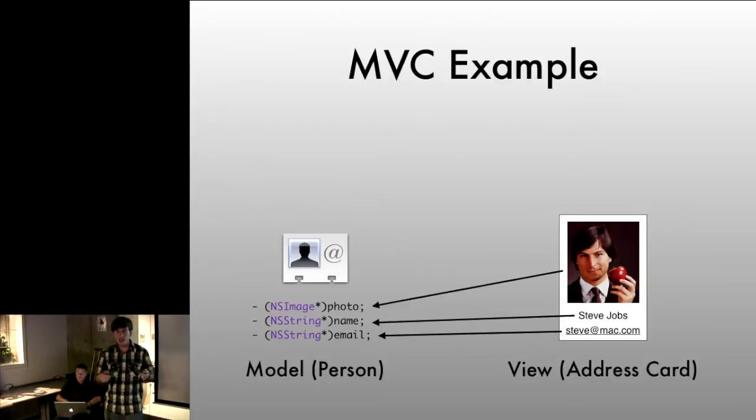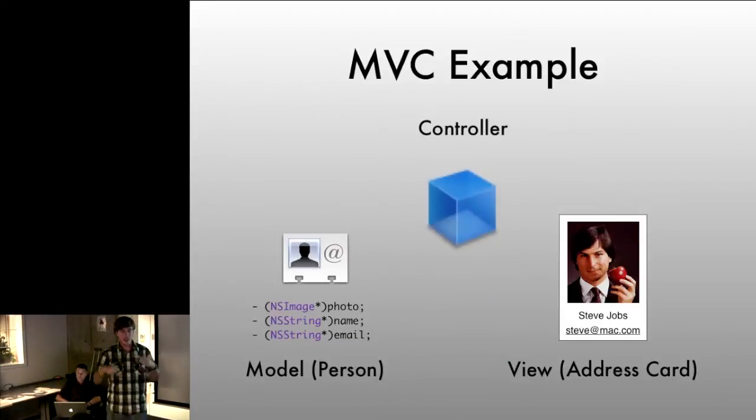And as we've seen with MVC, this is not a good idea because, again, what if we change the model or change the view? Then all that logic of how they interact has to change. And if we have a controller object instead that they communicate through, then changes to the model don't have to cause code changes in the view, and code changes in the view don't have to cause code changes in the model.